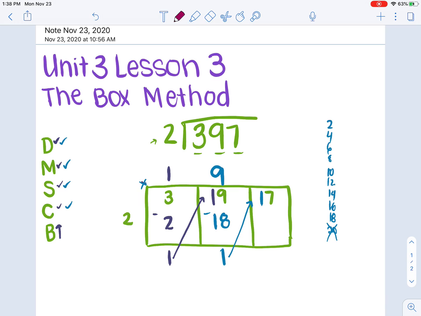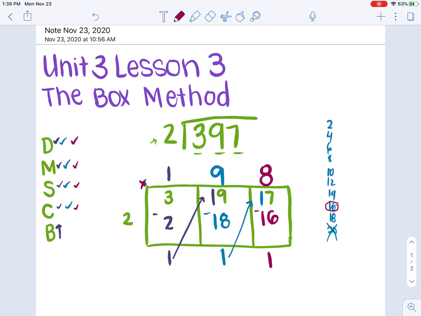How many times does 2 go into 17 without going over? Thankfully, I wrote out my stuff here, and I know that 16 is where I want to be. Well, 2 times 8 is 16. So I've divided and multiplied. Then I'm going to put my 16 down below here so that I can subtract. 17 minus 16 is 1.